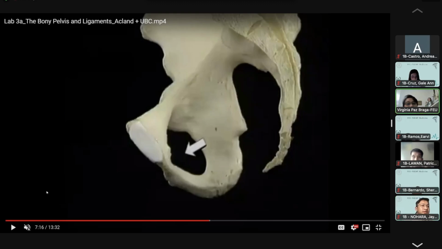Parang obturator canal tawag nila. There's a specific canal that you will appreciate later. May obturator vein, artery, and nerve that will pass through. Pero this one is actually covered by the obturator membrane. Tama? Merong membrane yan na nakatakip. Makikita nyo rin siya mamaya. Very good, doctors. Next.